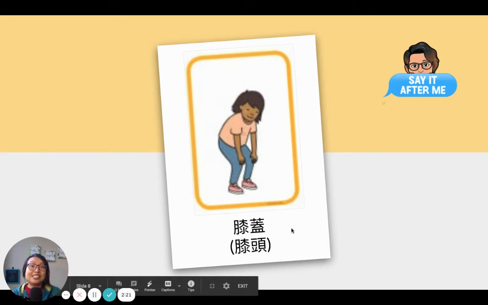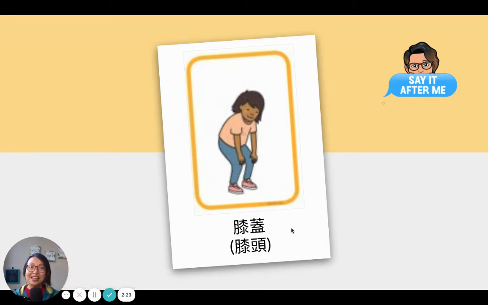But if we are saying it, we say 膝頭. So you may find it very interesting because when we are talking about the head, we say 頭. We say the shoulder, we say 膊頭. And when we go to the knees, we say 膝頭.